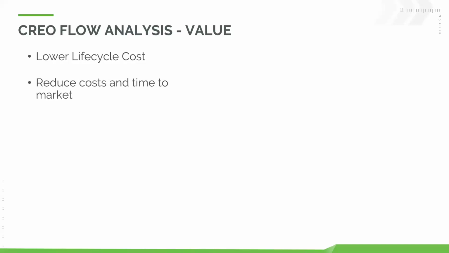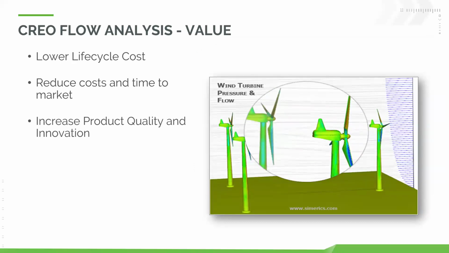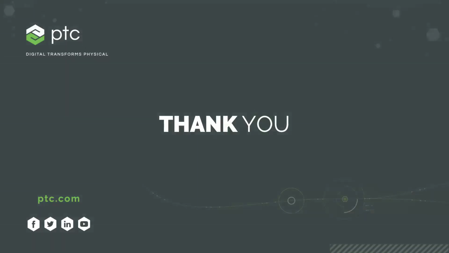You don't have to do all of that, because you yourself can be empowered to do it right from within Creo Flow analysis and work towards getting the most innovative product, but also with the highest quality maintained. You're not just innovating for the sake of innovating. You're innovating with the goal of achieving your requirements and your objective, while still maintaining the quality of the product. And that's what Creo Flow analysis is all about.